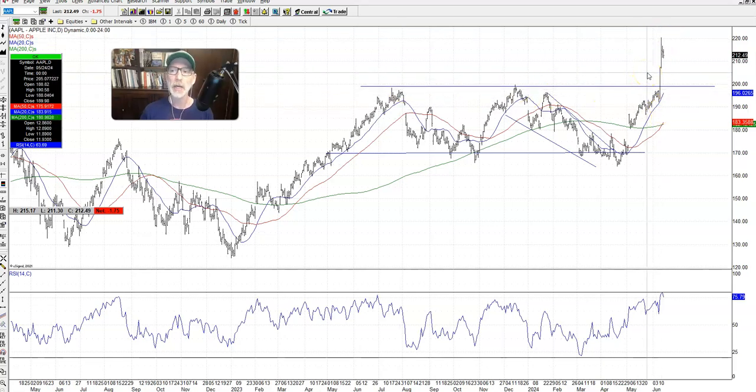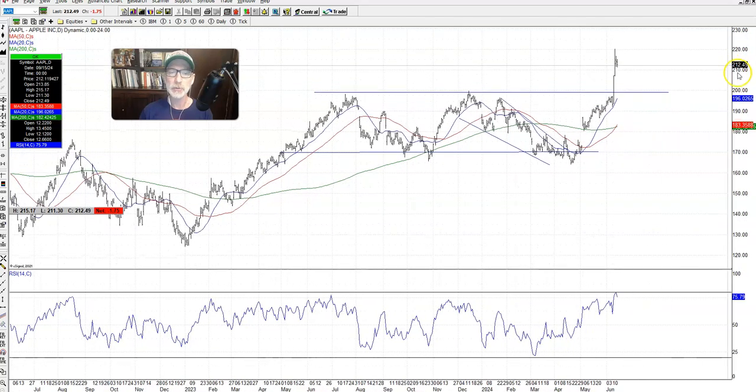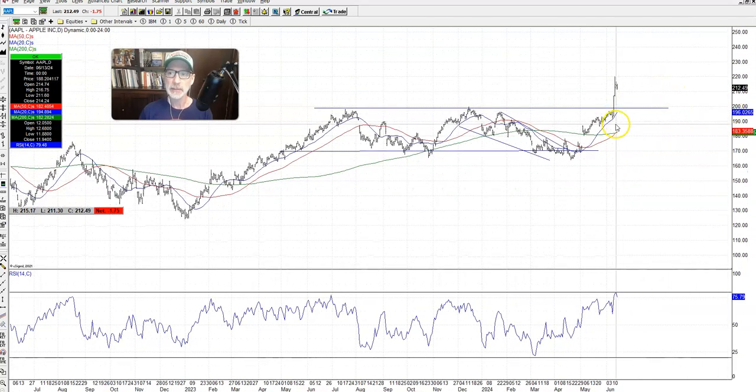So for now, Apple's making a new shift in where it wants to go. You get this big up move, you get a little bit of a pullback, and that's what can be called a bull flag. You get a long up pole, then the pennant, and typically after it made the big move, it needs to rest a little bit, has a couple days of pullback, and typically the next move should be higher again after people come to their senses, trying to figure out what it wants to do, and then the bulls come out again and it starts to go higher.